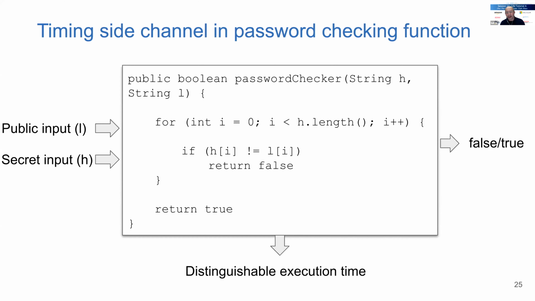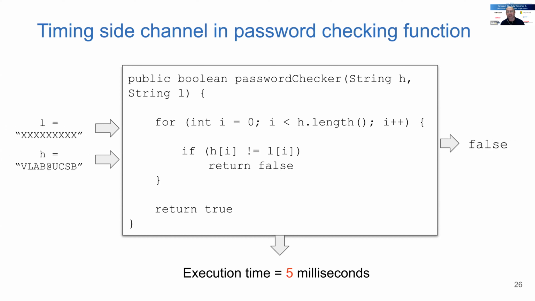Let's assume for this code, it may not be possible, but let's assume that we can measure execution time. Let's say the password is vlab@ucsb, and the input is xxxxx. Let's say execution time is 5 milliseconds. Just assume that's the case.